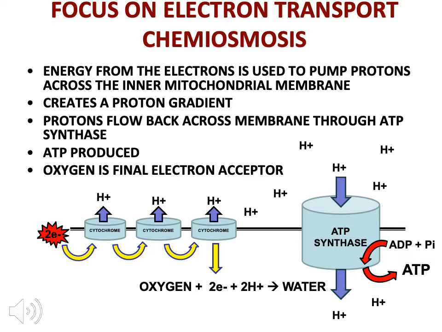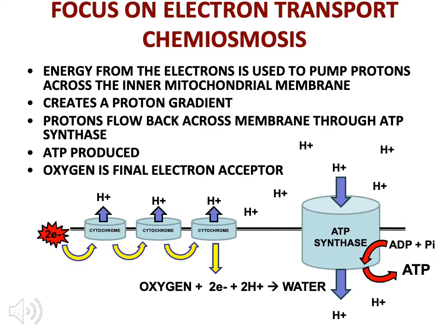I like to think of ATP synthase as something like a turbine in a hydroelectric dam. If the hydrogens flow through the ATP synthase, and I'm looking at the illustration right now, I notice I'm going to be making ATP. In a hydroelectric dam, water is going to flow through a turbine, and when it does so, the turbine turns and cranks out electricity. It's the same basic idea.